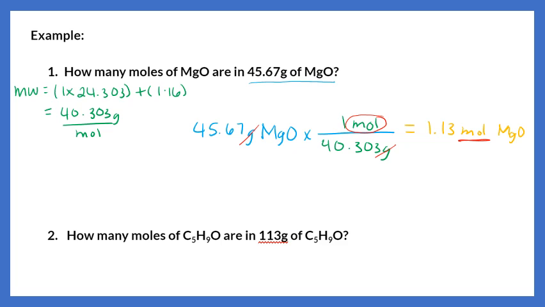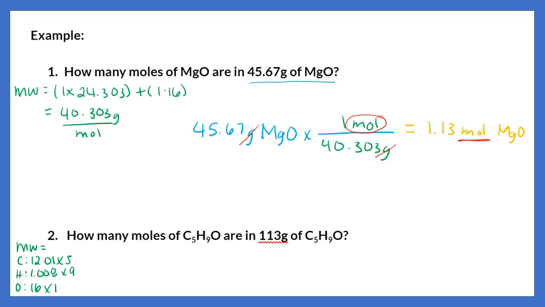Okay, and last one. How many moles of C5H9O are in 113 grams of C5H9O? Okay, so let's do the molecular weight. So carbon is 12.01, hydrogen is 1.008, and oxygen is 16. Carbon times 5, 1.008 times 9, and 16 times 1.